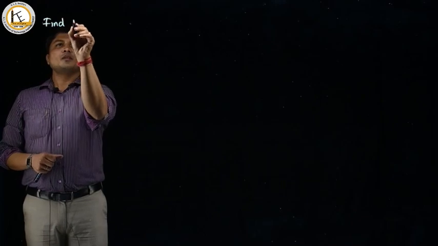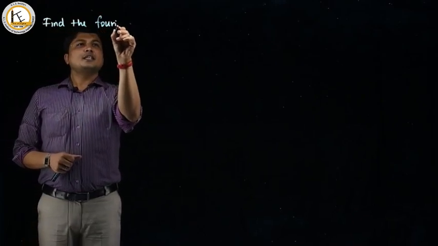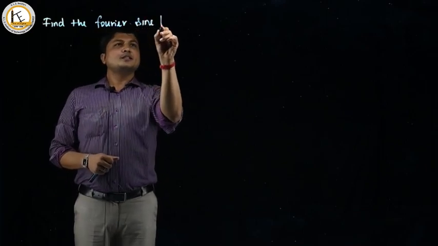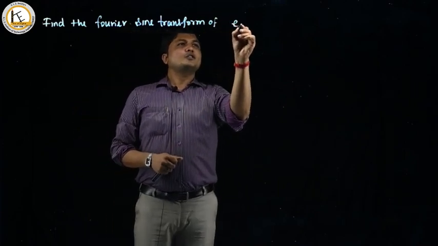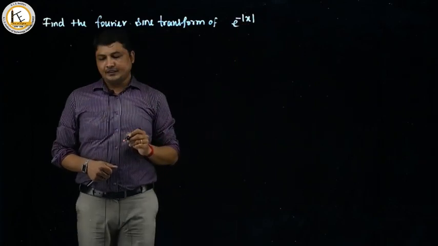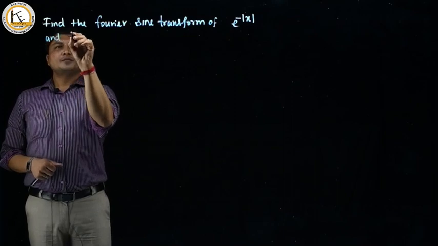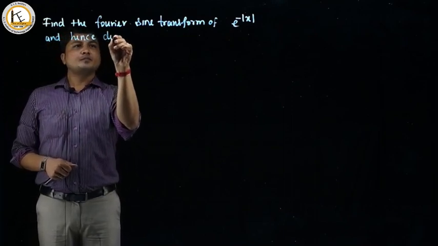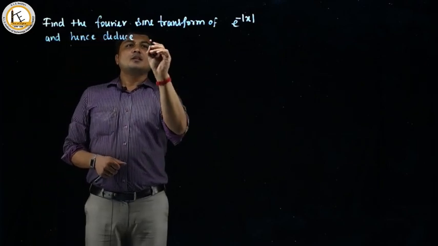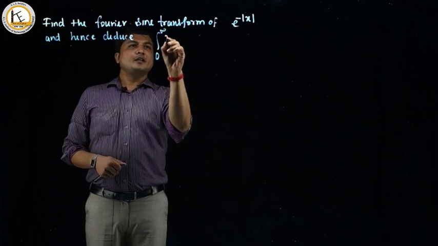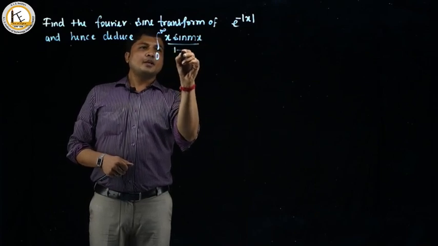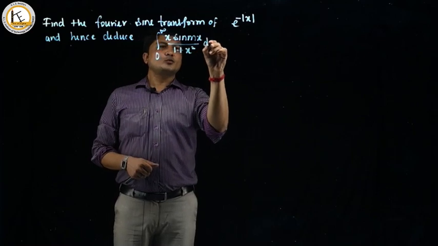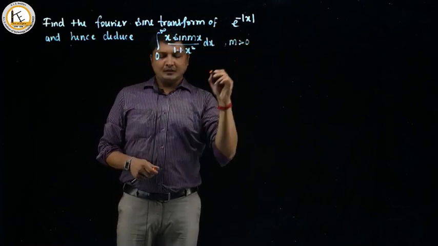Let us take the problem: find the Fourier sine transform of e raised to minus of mod of x, and hence deduce the integral from 0 to infinity of x sine mx divided by 1 plus x square with respect to x, where m is positive.